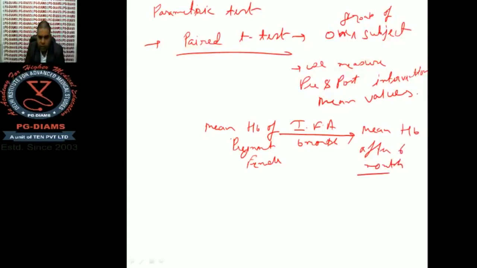So here the test which you will apply is the paired t-test. Why? Because there is just one group, pregnant females, and this is pre-test data and this is post-test data. So here you will call it a paired t-test.